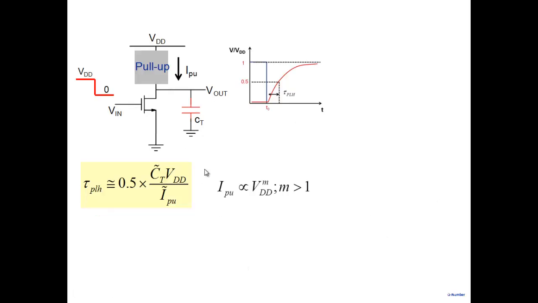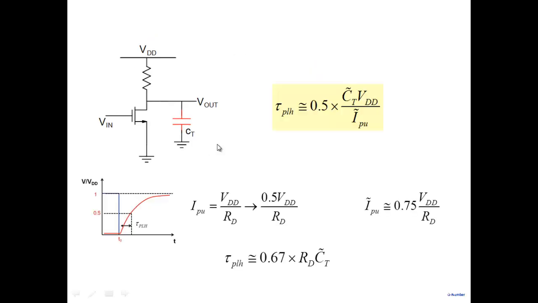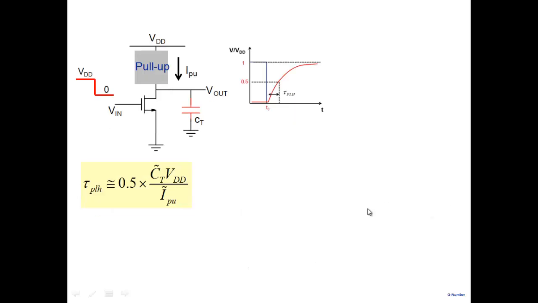Now, note there's something very interesting that we can find out. If we go back to the pull-up current in the case of a resistor, the pull-up current will obviously be dependent on VDD. In this case, the pull-up current is directly proportional to VDD to the power 1, right? But in general, if I replace it by some other element, especially a transistor, you will find that the pull-up current will be proportional to VDD to the power M, and M in general may be greater than 1.